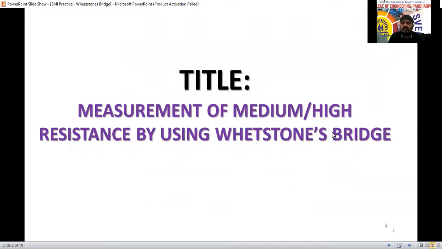Bridges are classified into two types, DC bridges and AC bridges. This Wheatstone bridge is a DC bridge. I'll discuss the theory part in the theory classes, but whatever is required to perform this practical, I'm going to explain that much here.